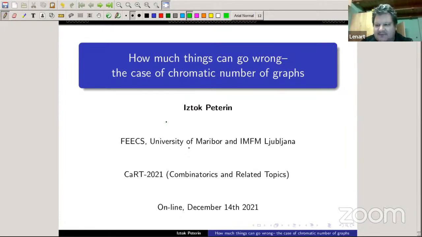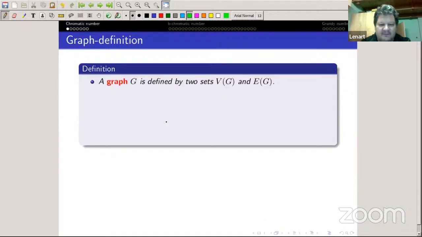Because of that, one wishes to have algorithms which produce colorings, maybe not optimal, but fast. And the question is, how much can we miss by these polynomial algorithms which are not optimal? I will talk about this, and I will start really slowly, even with the definition of a graph.